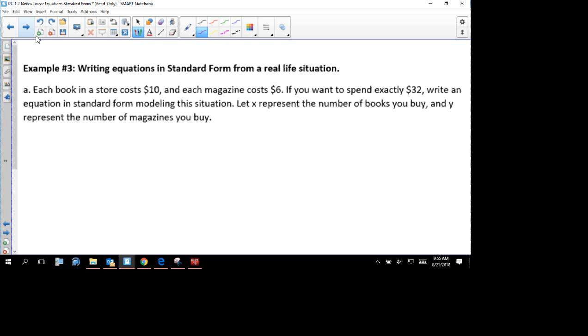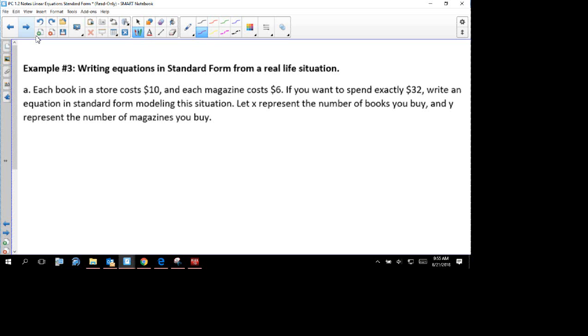If you want to spend exactly $32, you have a gift card for $32 and you can only use it at that store. Write an equation in standard form modeling this situation. Let x represent the number of books you buy and y represent the number of magazines you buy. So x is the number of books, y is the number of magazines. You have a $32 gift card.